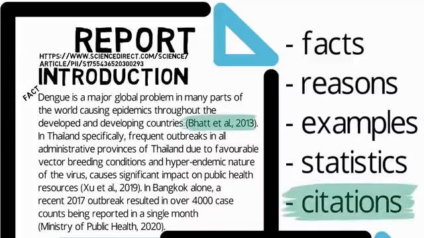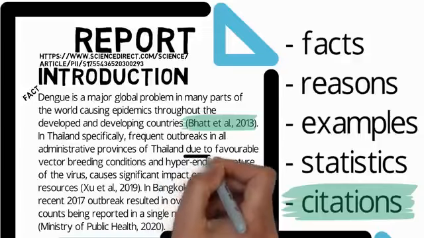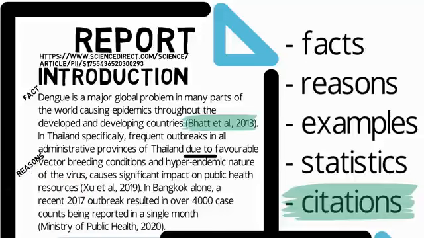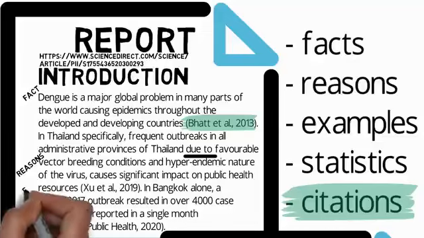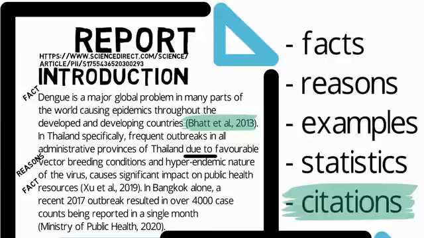2013. In Thailand specifically, frequent outbreaks in all administrative provinces of Thailand due to, so this is giving the reasons, vector breeding conditions and hyper-endemic nature of the virus. And this causes significant impact on public health resources. This is a fact. Again supported by a citation, Xu et al. 2019.